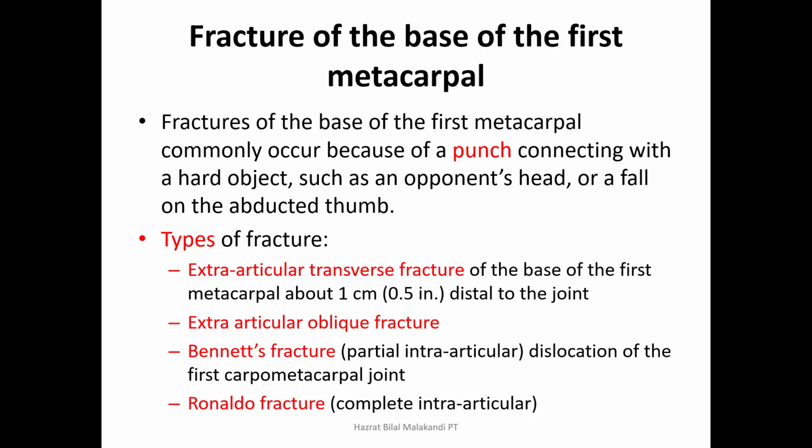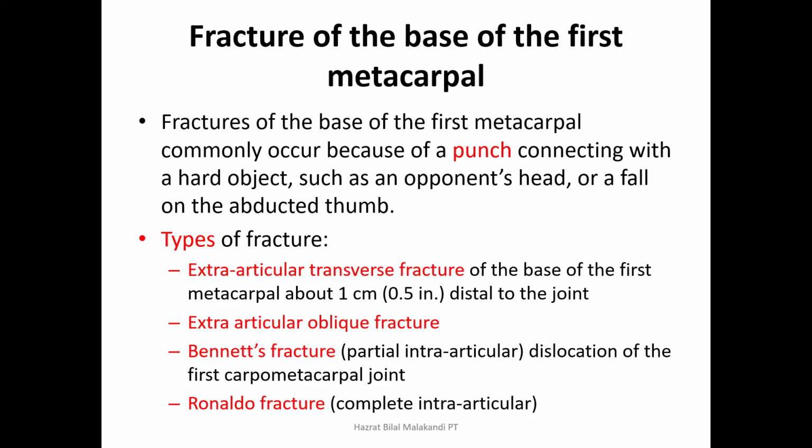Extra-articular means the joint surface is not involved. If they are transverse, they are parallel to the metacarpal joint, and they can also be oblique. Those that are partially intra-articular are known as the Bennett fracture, and those that are completely intra-articular are known as the Rolando fracture.